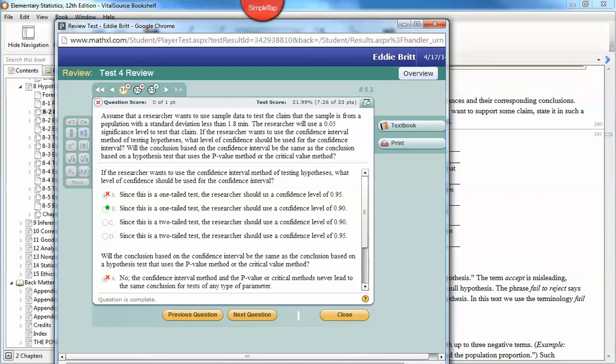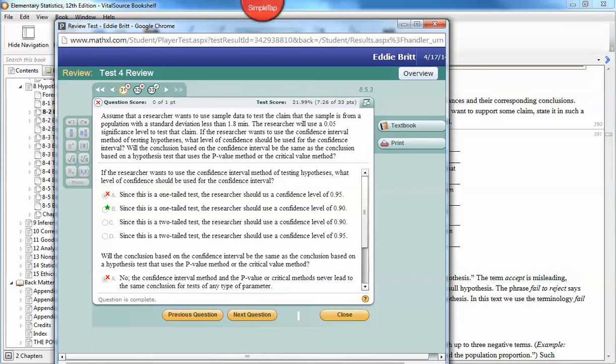All right, so we want to test a claim that the sample is from a population with a standard deviation less than 1.8. Less than means that it's going to be left-tailed.